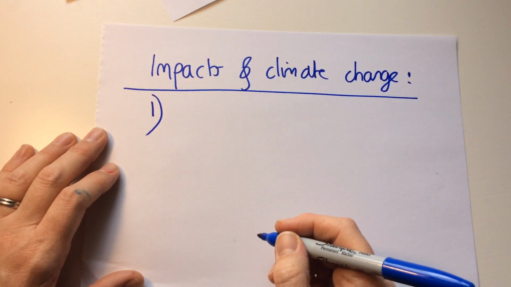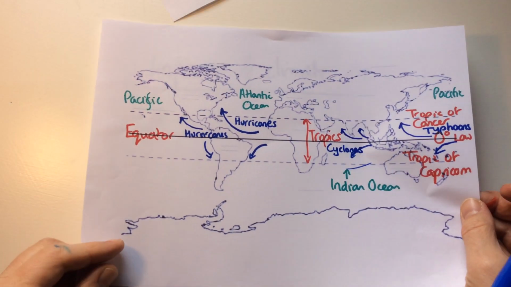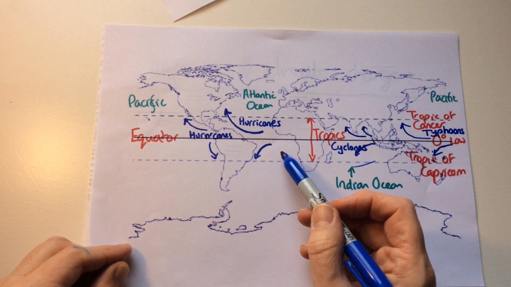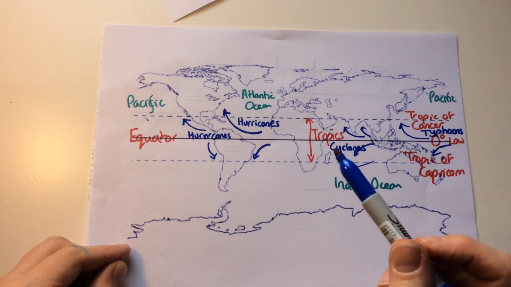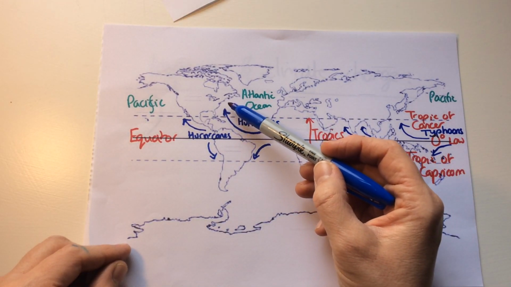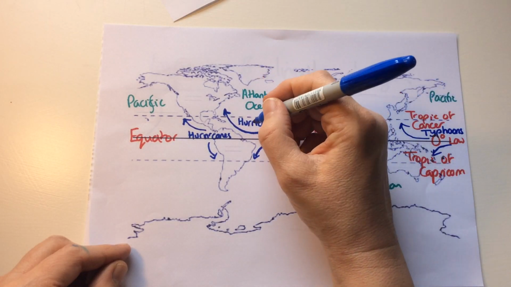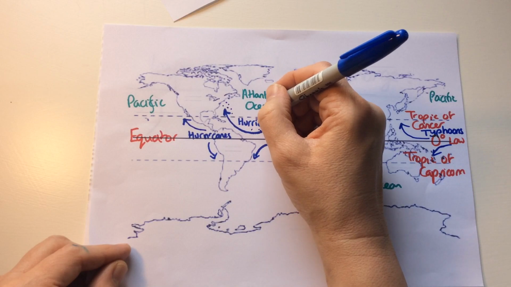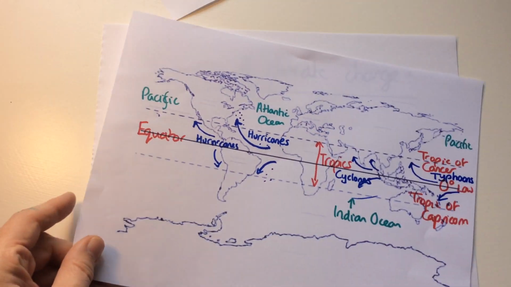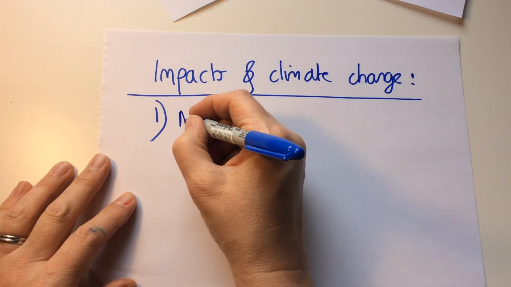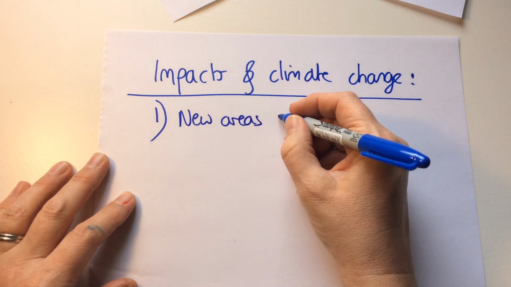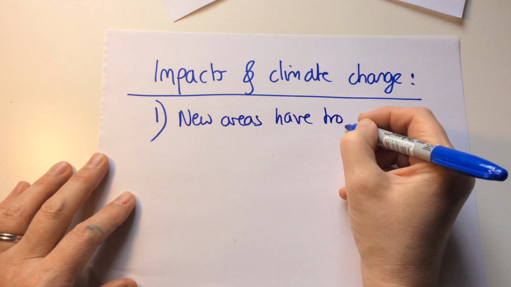Number one, if we've got storms currently in these locations, because the ocean there is getting to 27 degrees centigrade, in the future, maybe new areas will become warmer. So maybe we'll see storms forming in slightly newer locations further north or further south than we previously have. So number one, new areas have tropical storms.